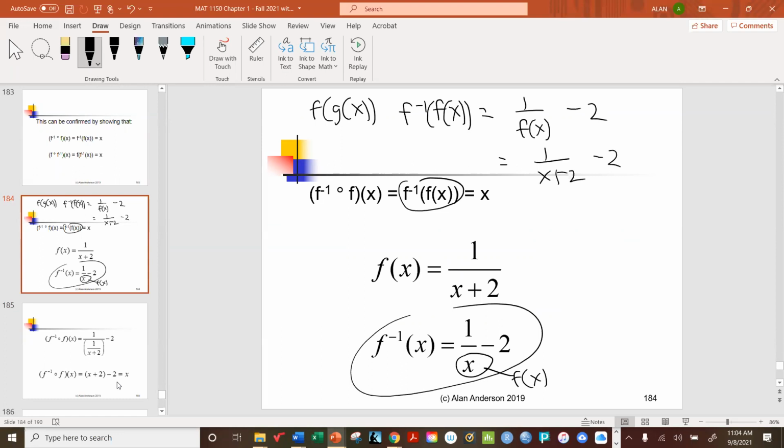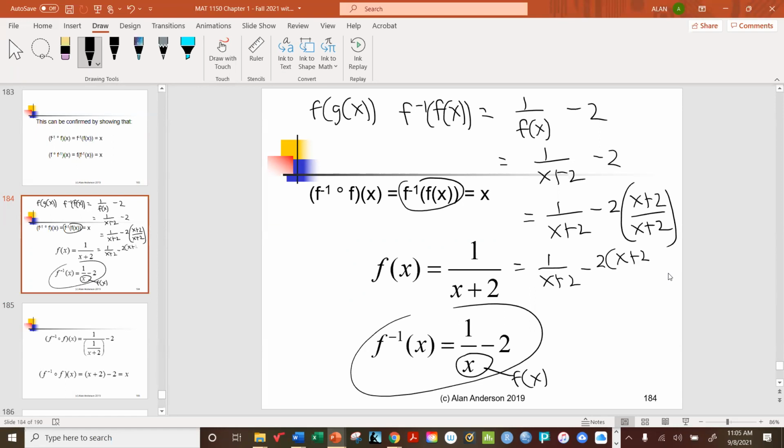Now, this is not good enough. I want to prove that this equals x. So watch what I'm going to do. I'm going to multiply this by 1, but a special form of 1. Actually, no, I'm not even going to do it. I'm going to do it like this. I now have a common denominator. Okay.